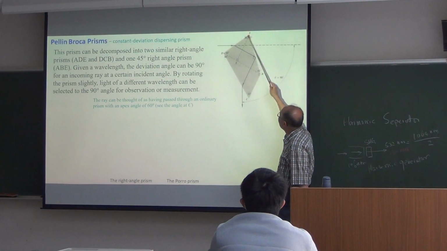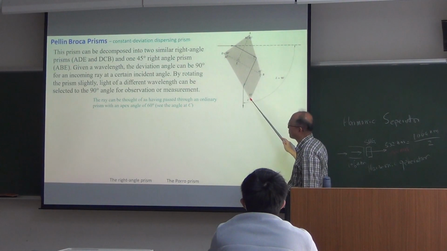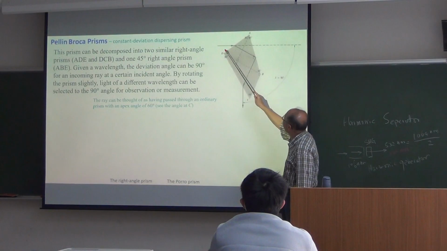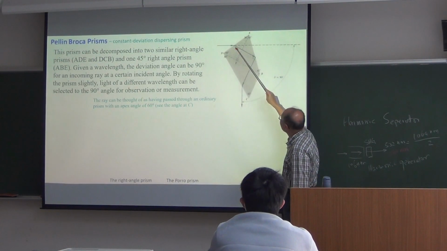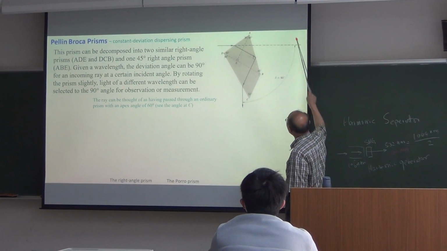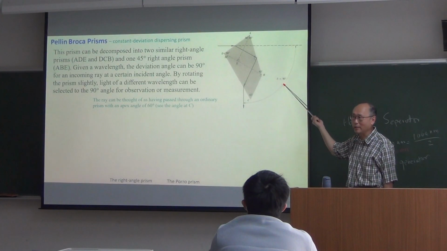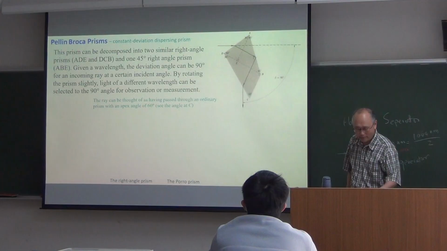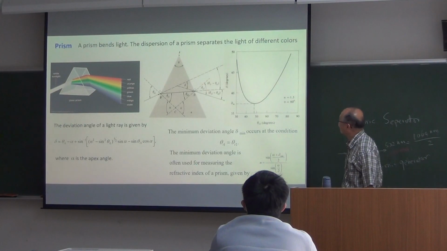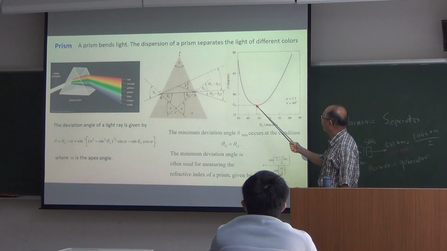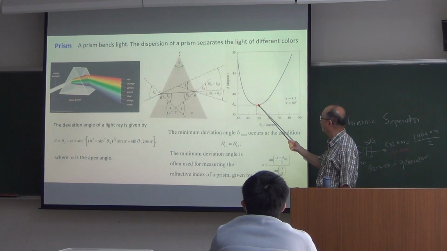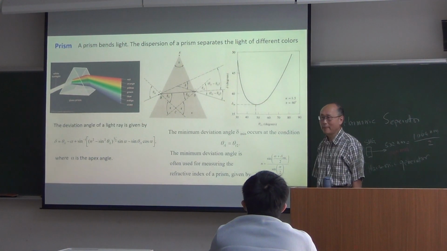You have the first edge of the prism. You have the second edge of the prism. And then this line and this line, between these two lights, you have a minimum deviation angle. That is close to 90 degrees. Okay. If you have this, it's not possible to move this point to 90 degrees.